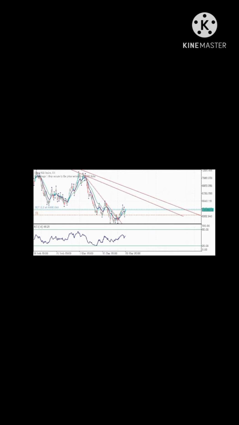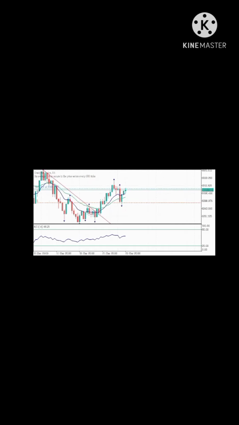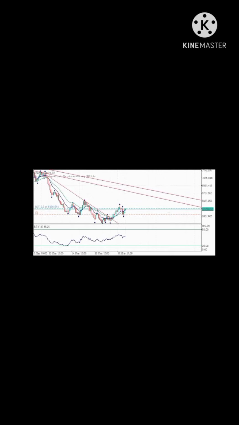Now the next thing is to know what the market is doing, and from what I am seeing, the market is forming uptrend, and the movement it is forming now is impulsive movement. So I've known what the market has done and what the market is doing.